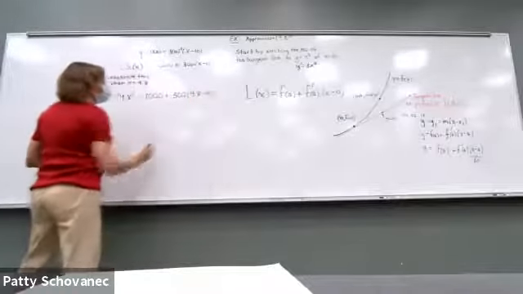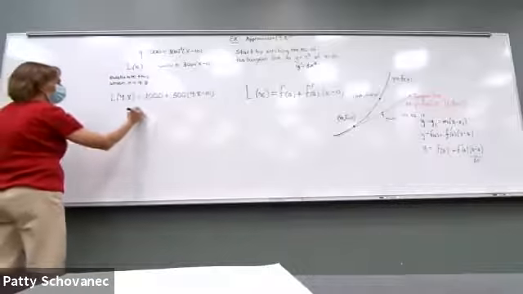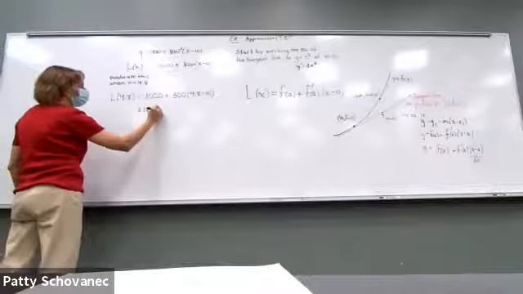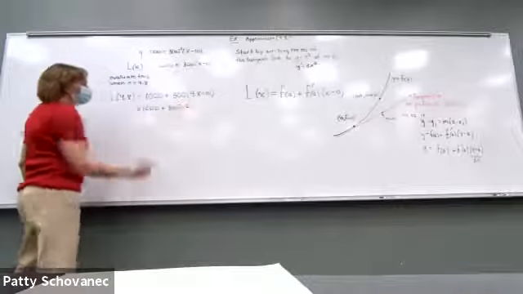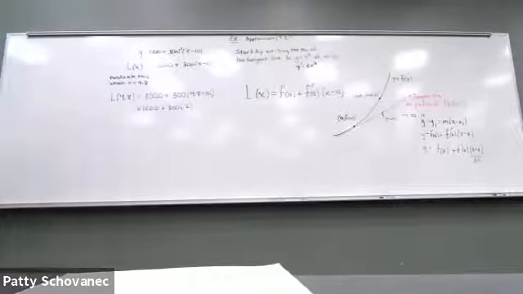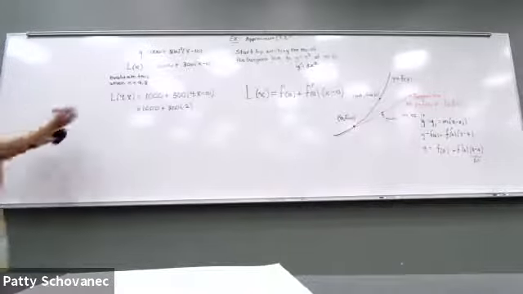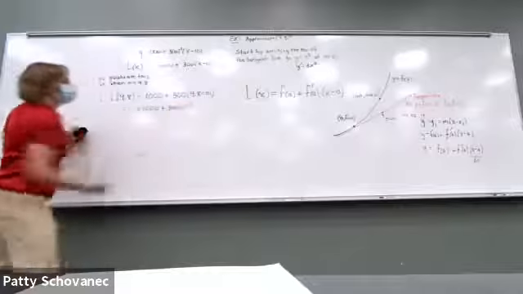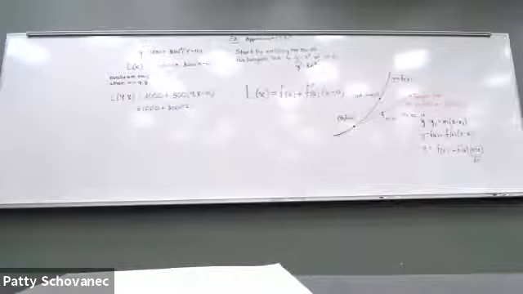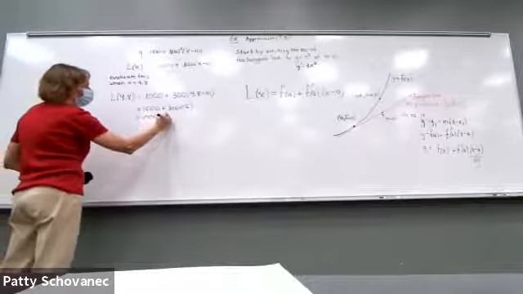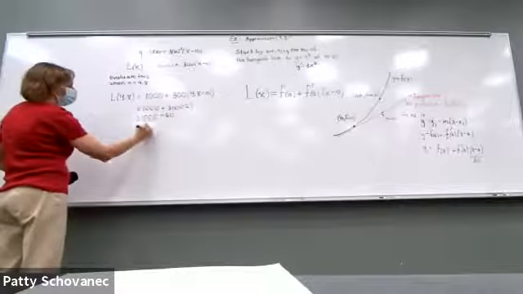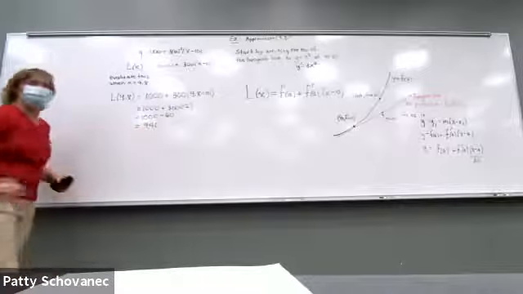So 9.8 minus 10 is negative 0.2. 0.2 times 300 is going to be, and that's going to be a negative, right? So negative 0.2 times 300 is going to be negative 60. So 940 is our approximate value.